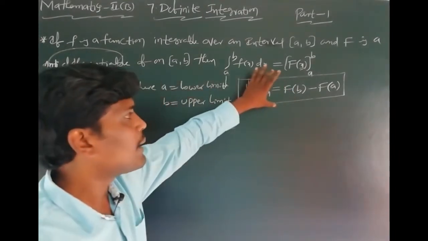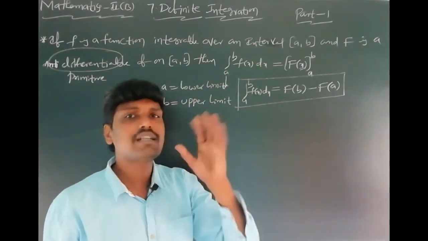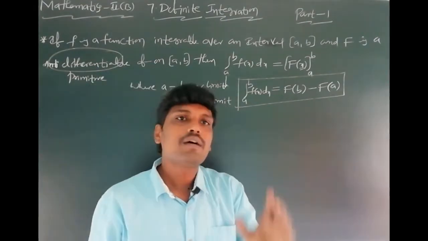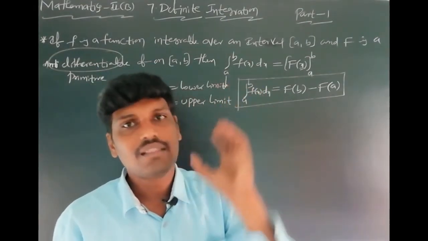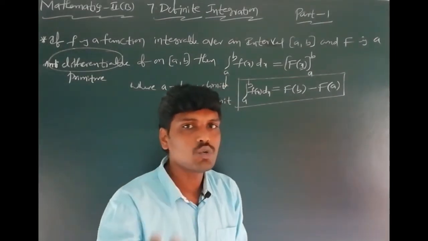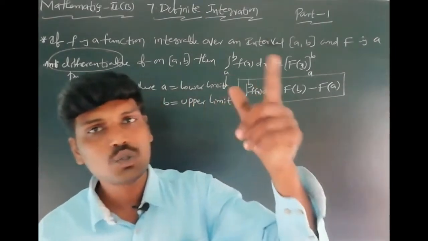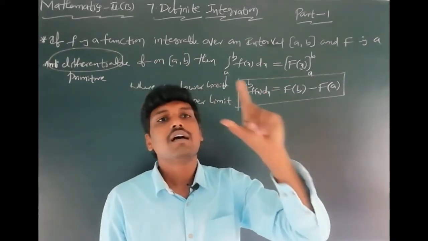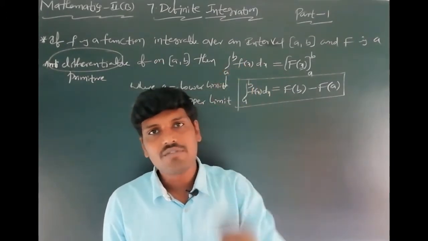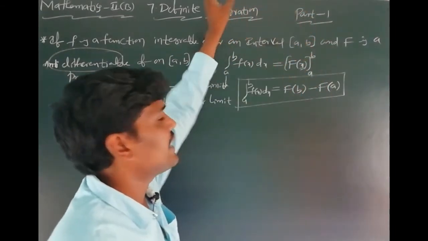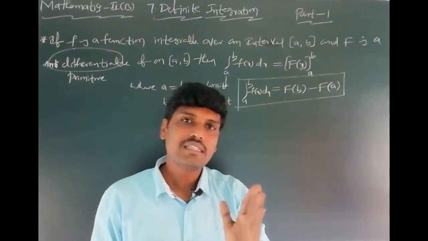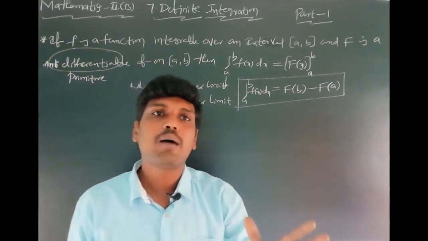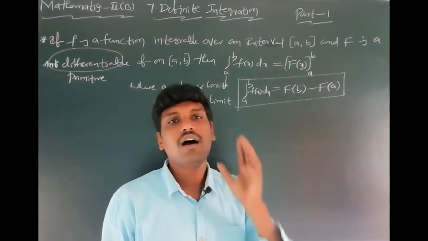In definite integration, all problems are on one interval, such as a to b, or 0 to 1, 0 to 3, 1 to 2, 2 to 3. The integration is defined on one interval, and the answer of any problem is a constant value.